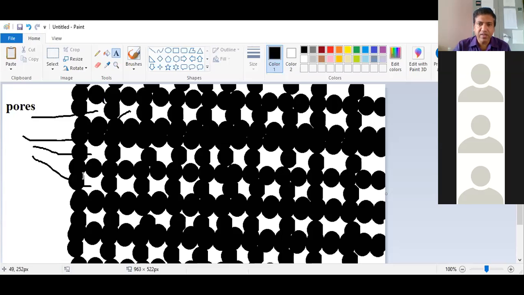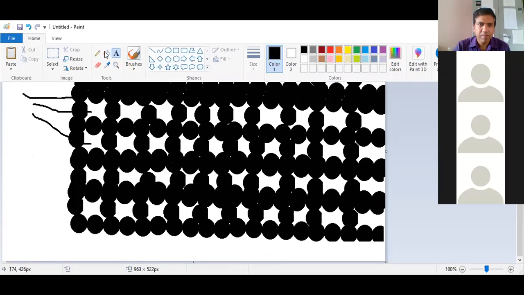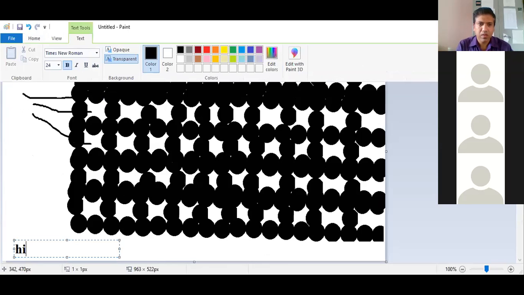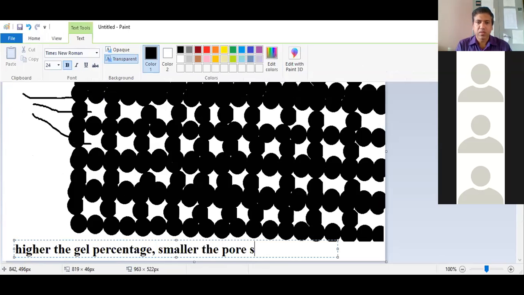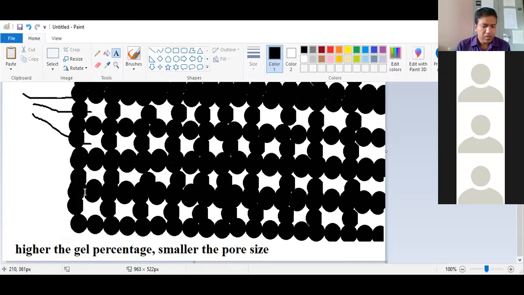So if I write it somewhere: higher the gel percentage, smaller the pore size. Now let us look into the gel. Let me open a new one.